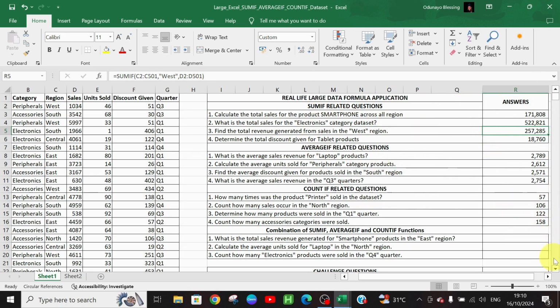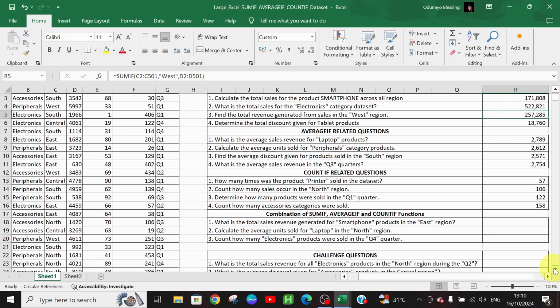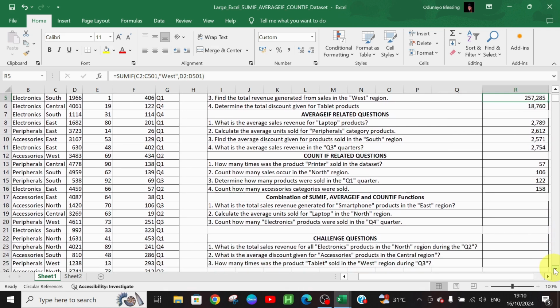Now, remember from the beginning of this class, I told you that SUMIF, AVERAGEIF and COUNTIF are just for one condition. However, when you are being requested with more than one condition, you need to go through a route.